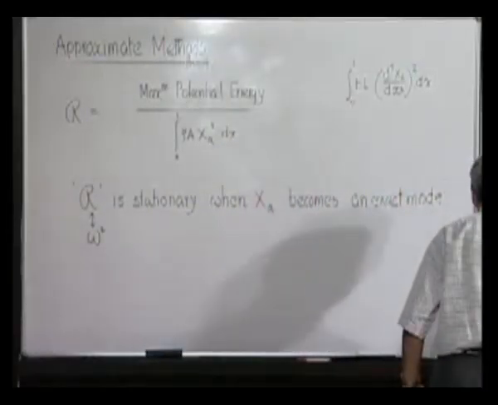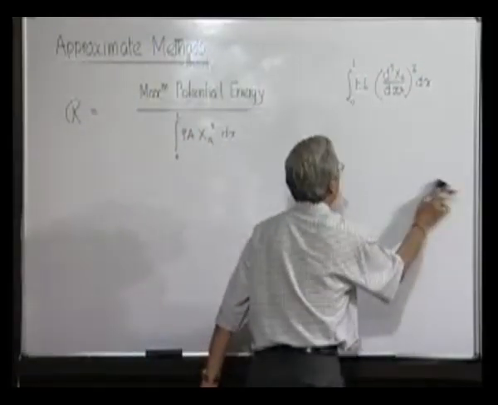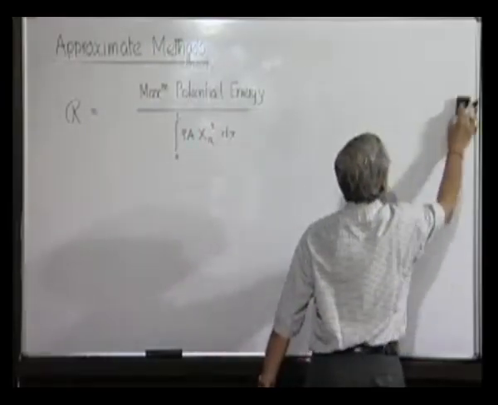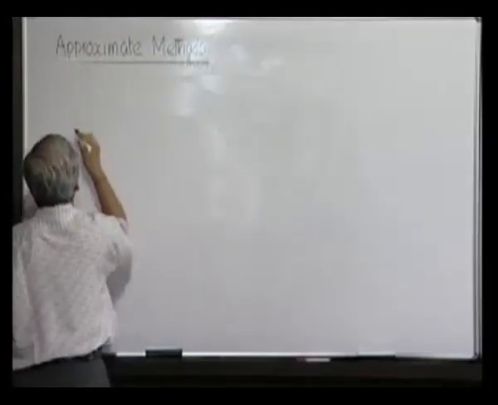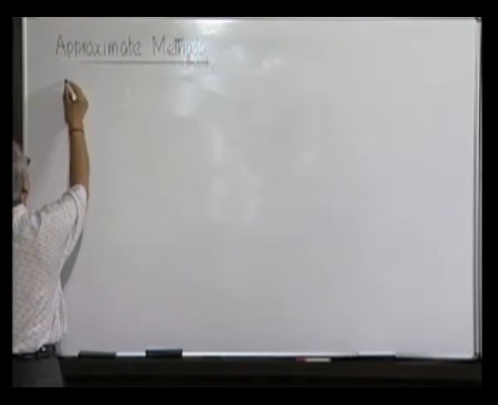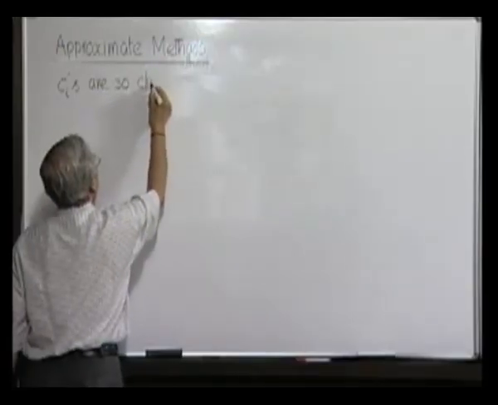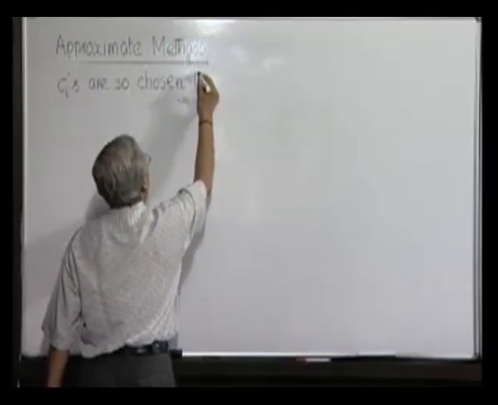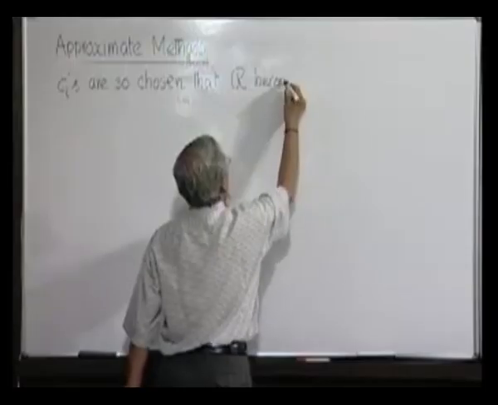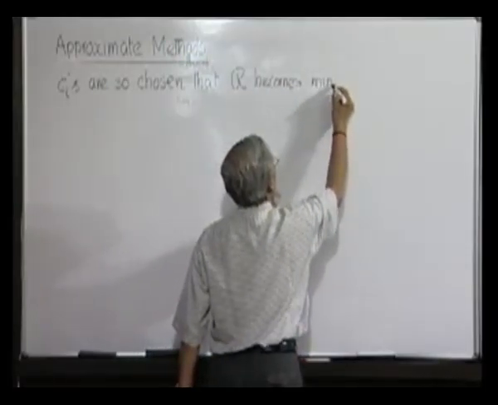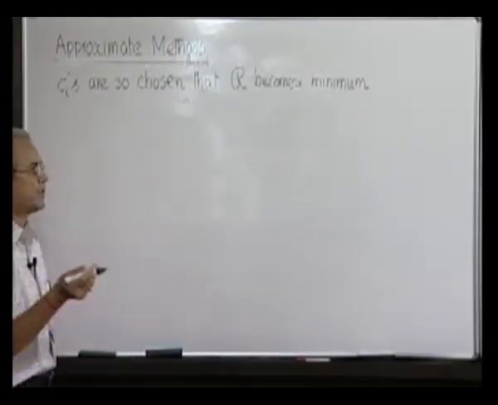Thus, the condition which satisfies that they are so chosen that, because R will be always higher than the natural frequency square you have seen.